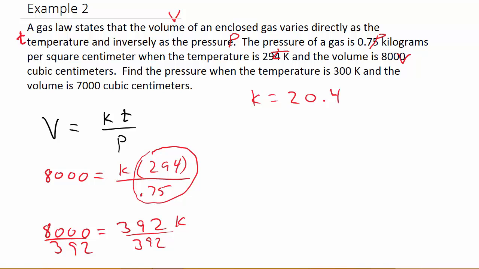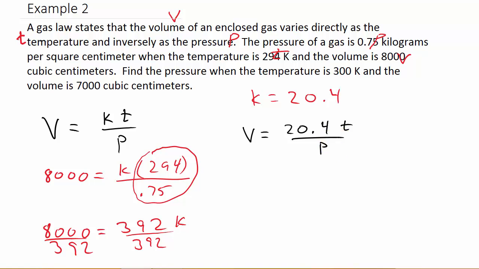You might want to use all the decimals and round at the end, but for the sake of the video, I'm going to round to 1 decimal place here. Alright, so now my equation is V is equal to 20.4 T over P. So there's my equation.